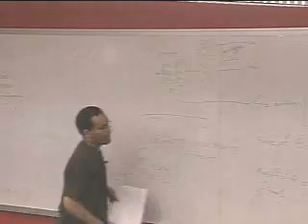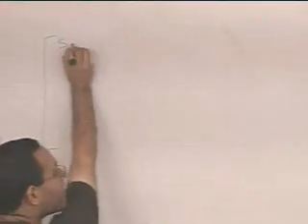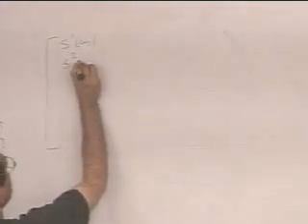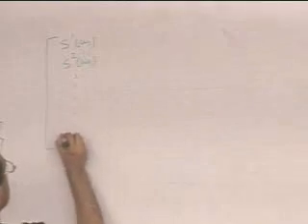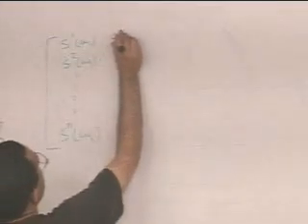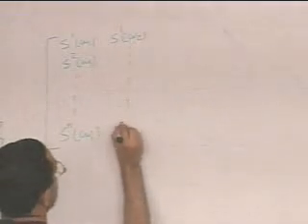So we make a matrix like S1 omega 1, S2 omega 1, Sn. So this is all the prices of the assets in case omega 1. Then S1 omega 2 to Sn.